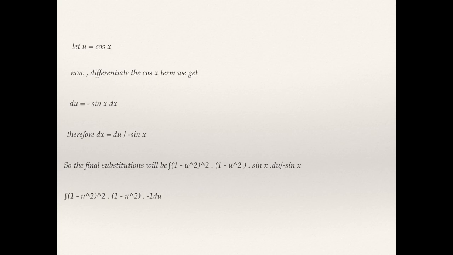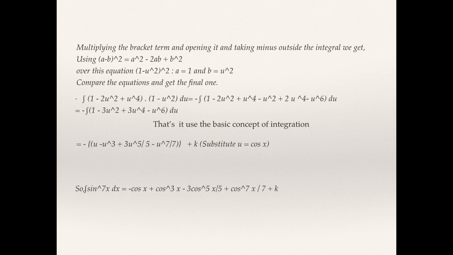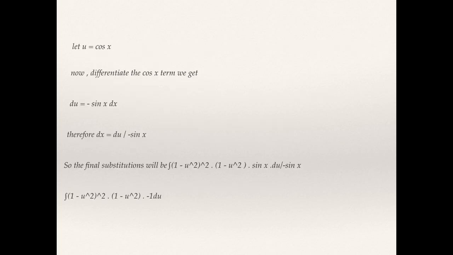Now let's see how we can integrate this term. It's really easy. 1 minus u squared whole squared can be written as a minus b whole squared.